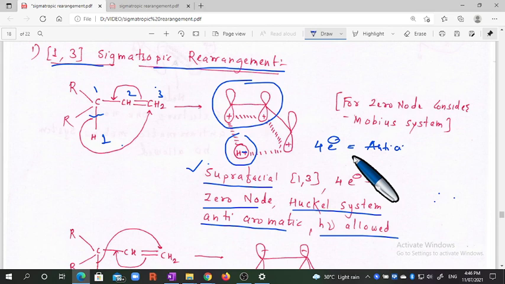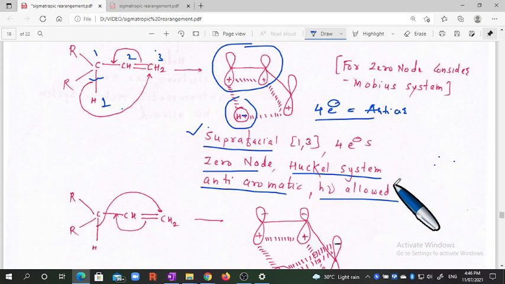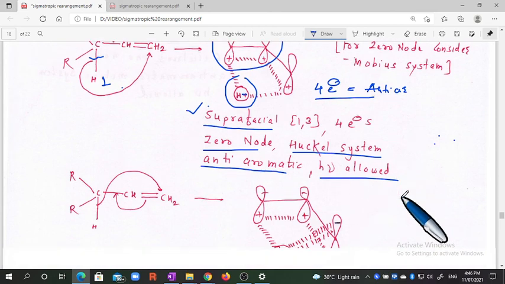So if 4 electrons are there, there is delocalization of electrons, easily they can get delocalized in such a way, therefore it is considered anti-aromatic, and the system is photochemically allowed.